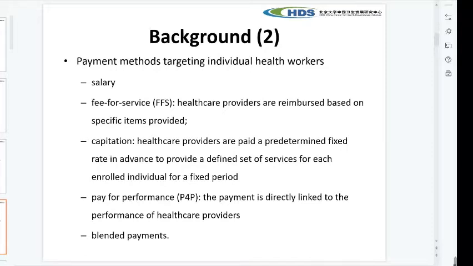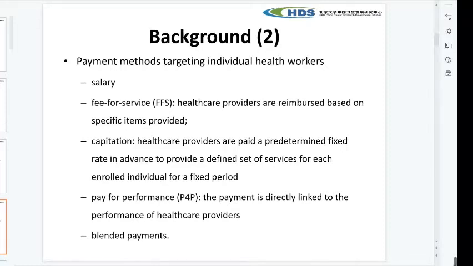The assumption why the payment method can change the behavior of health providers is based on an economic assumption. Every individual values income; higher income and more relaxation can increase their utility. So each individual is willing to maximize their utility.